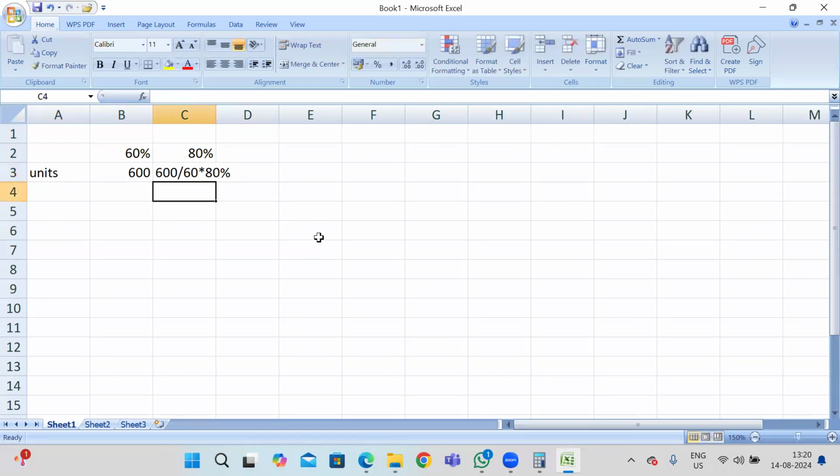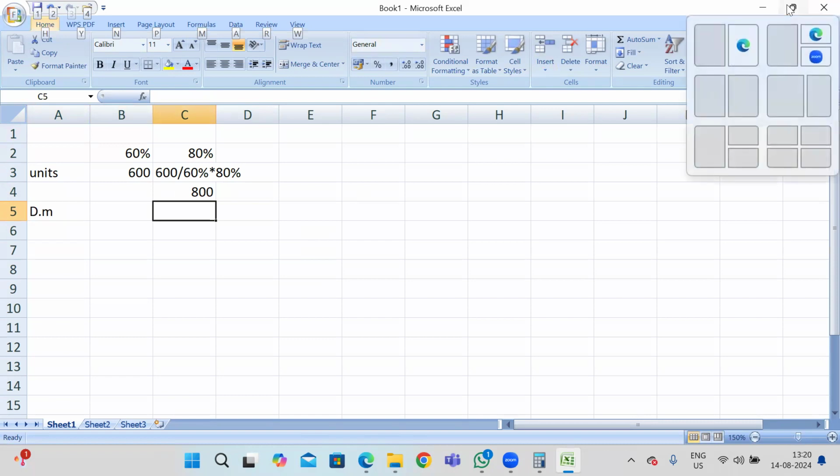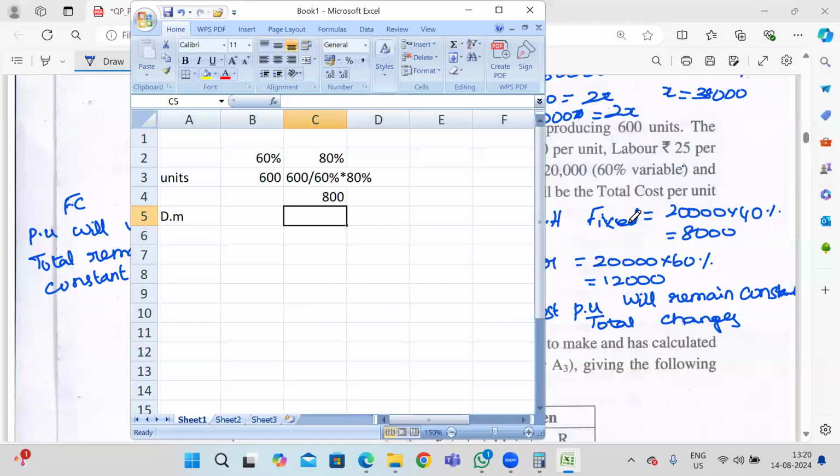It will be around 800 units. So units we know. Here direct material they have given per unit only, so variable cost per unit remains constant always.